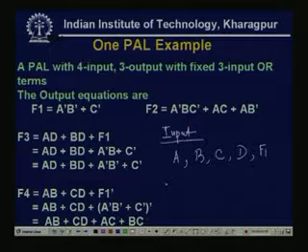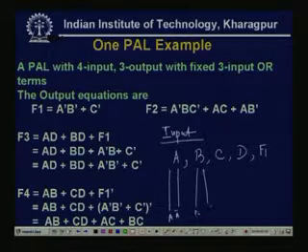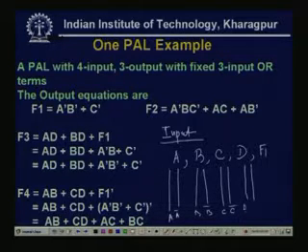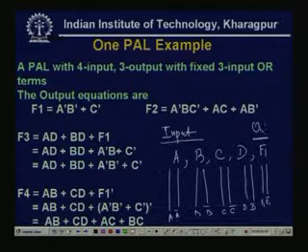So, that means for A bar, for B there are 2 lines B bar, for C bar, for D bar, and for F1 complement, and they are coming from this output.